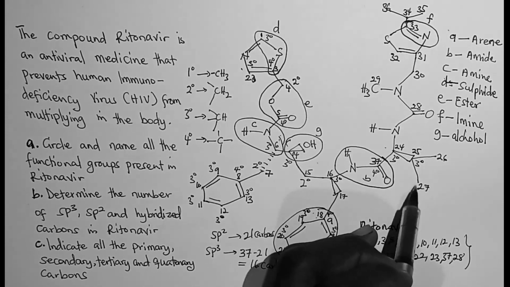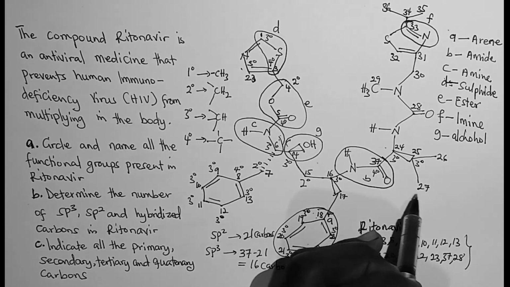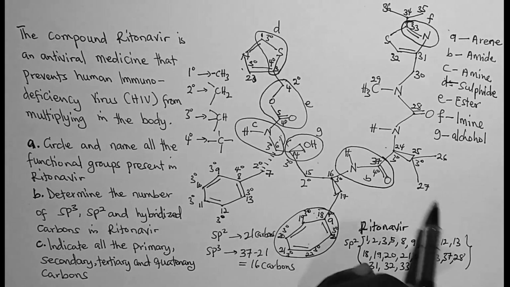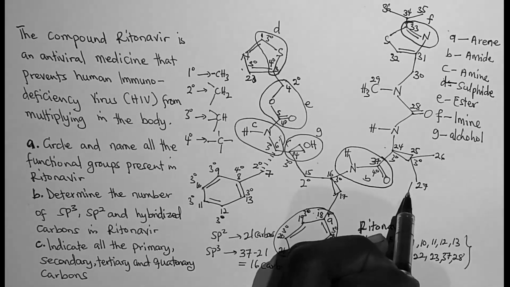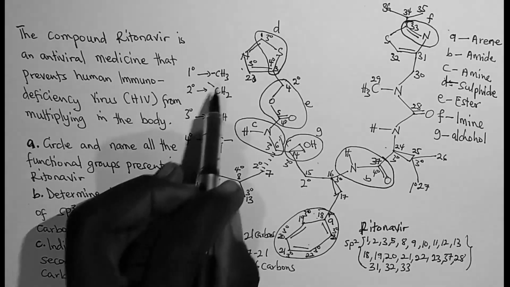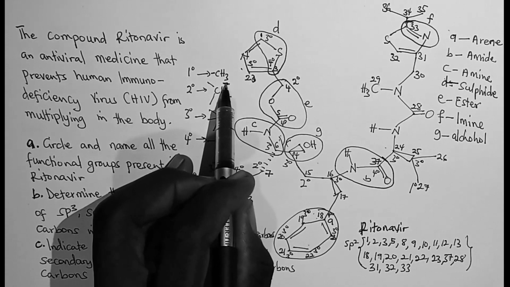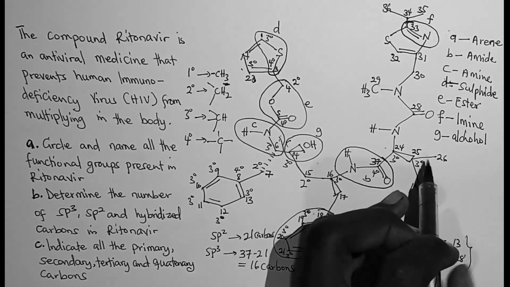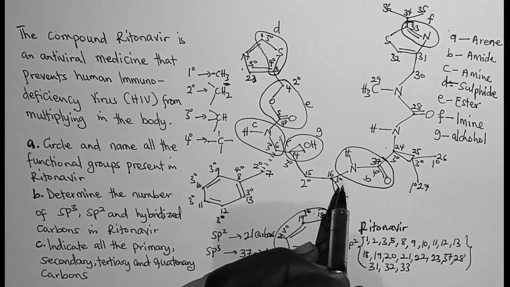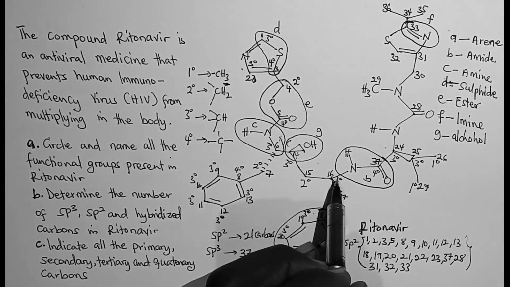Then carbon 27 has three of its protons attached to it. So carbon 27 is a primary carbon, because remember that we said if the protons are 3, then it's a primary carbon. And it's the same for carbon 26. It also has 3 protons, so it's a primary carbon.